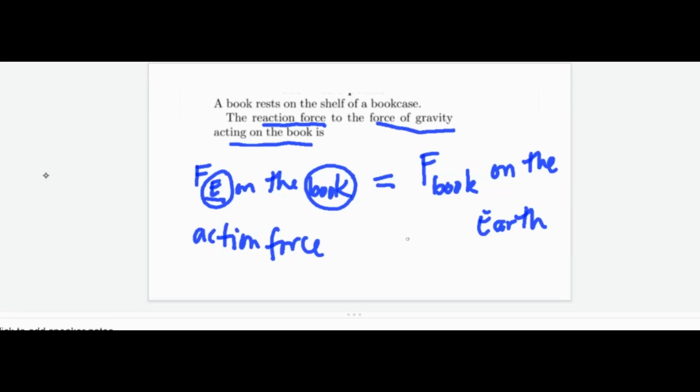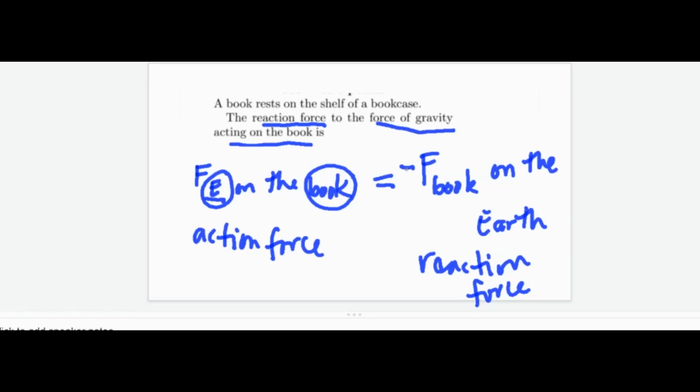That is the reaction force. And of course, it is equal in magnitude but opposite in direction. So in other words, if the earth exerts 9.8 newtons per kilogram on the book, then that book will exert that same amount but opposite in direction on earth.